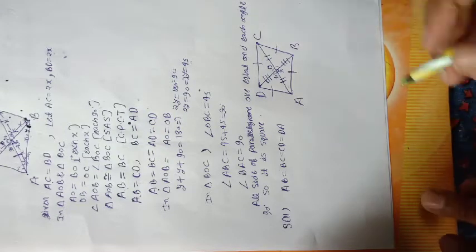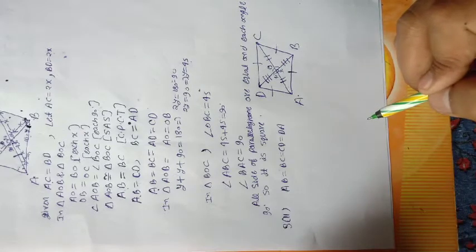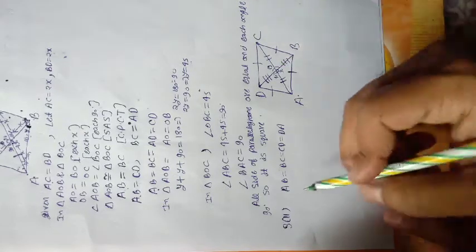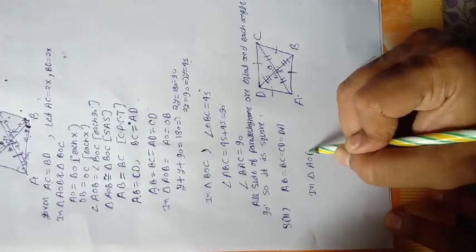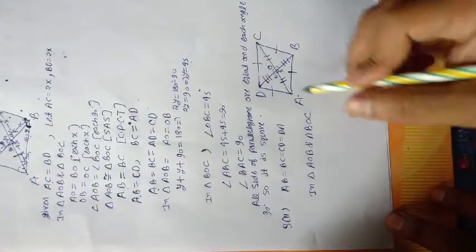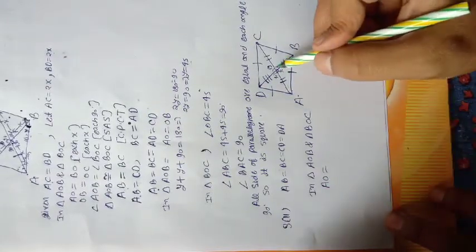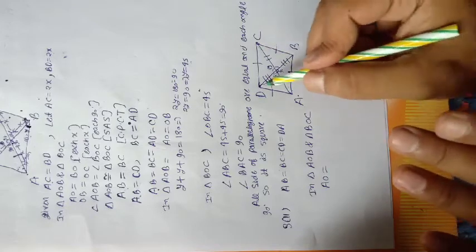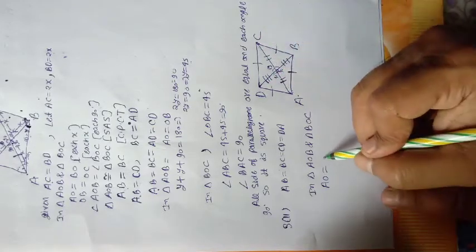Now in triangle AOB and triangle BOC, AO equals OC because we know that diagonals bisect each other. जितना ये होगा AO उतना ही OC होगा.